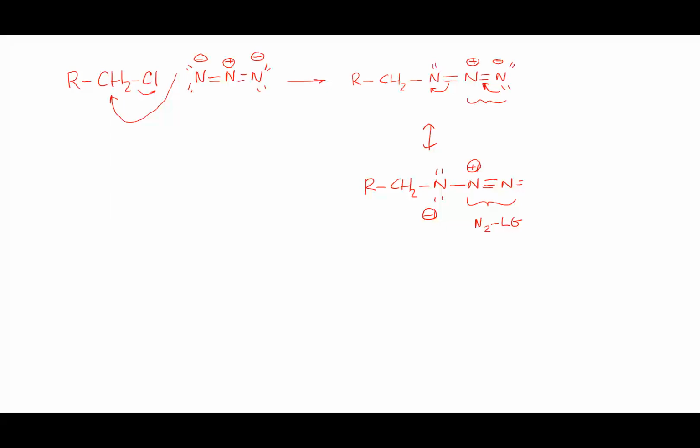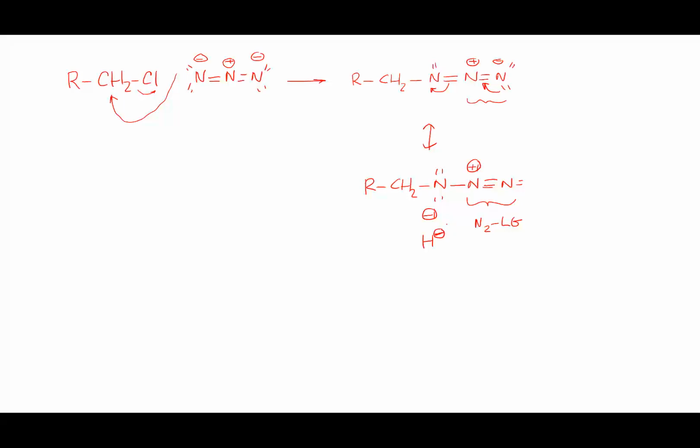I need a nucleophile. I need something minus. No, because I don't want an OH minus attached to my nitrogen. What do I want? Just an H. So let's try H minus.